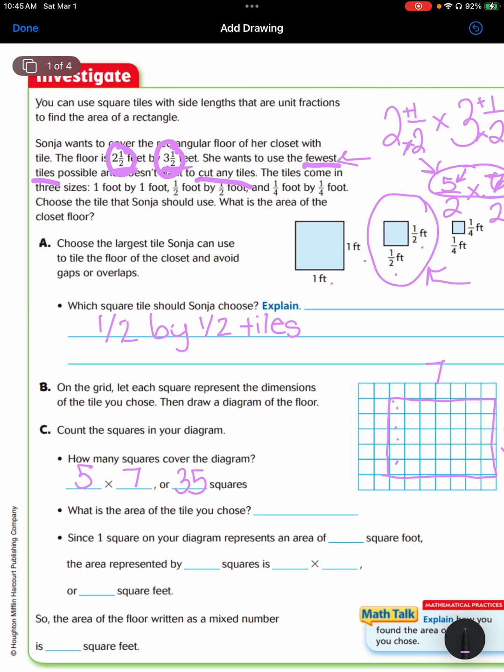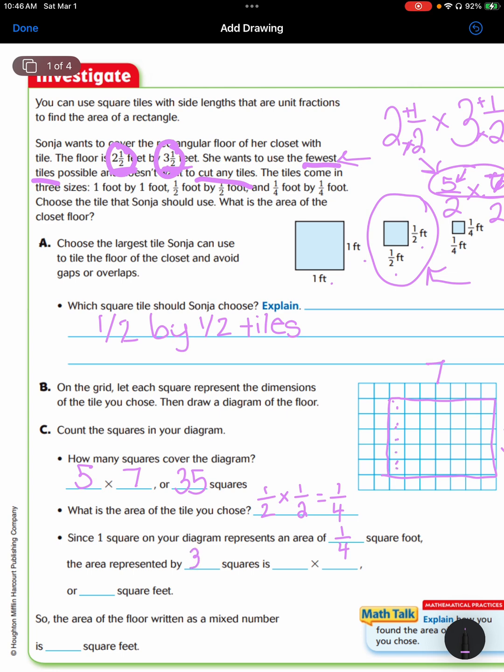For this second bullet, it says, what's the area of the tile you chose? If you do 1/2 times 1/2, you're actually going to get a fourth, or 1 over 4. Since one square represents an area of 1/4 square foot, each of these is 1/4, 1/4, 1/4, 1/4, 1/4.